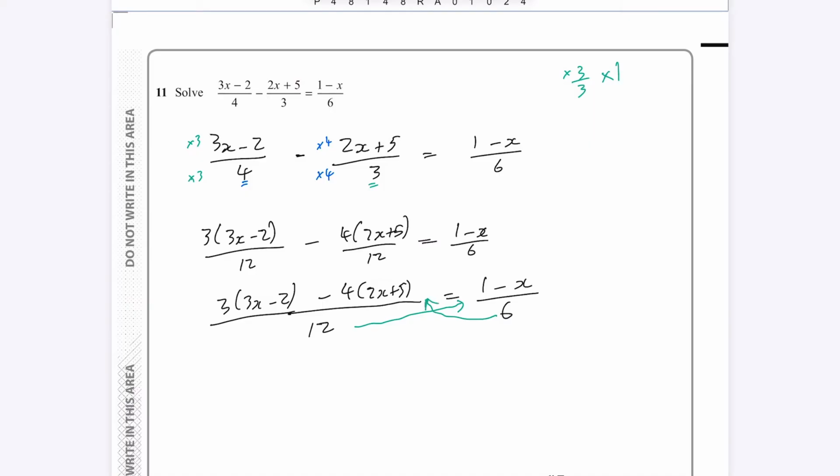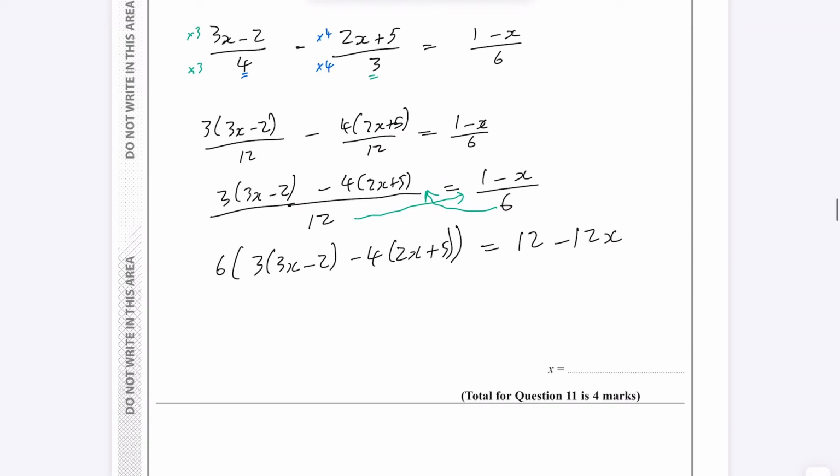So that then becomes, I'll use brackets here, 6 bracket 3x minus 2 minus 4 bracket 2x plus 5 is equal to 12 minus, I'll just expand it, 12 minus 12x.